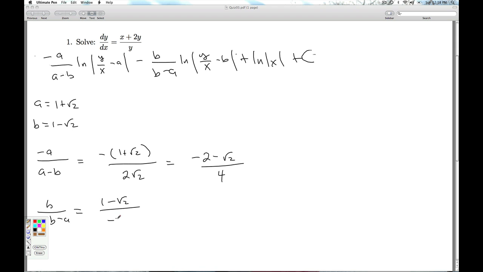That's going to be negative 2 square root of 2. Multiply top and bottom by negative square root of 2. I'm going to get 2 minus square root 2 over 4. Now I substitute these back in with all the other a's and b's, and let's see what I get.